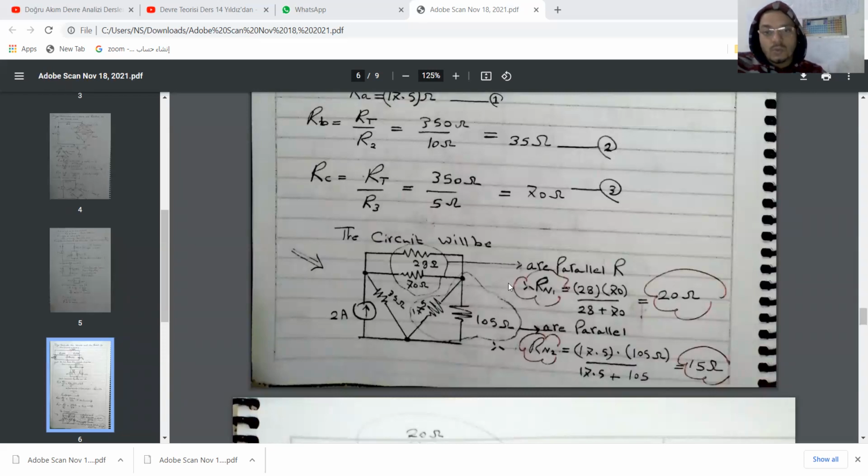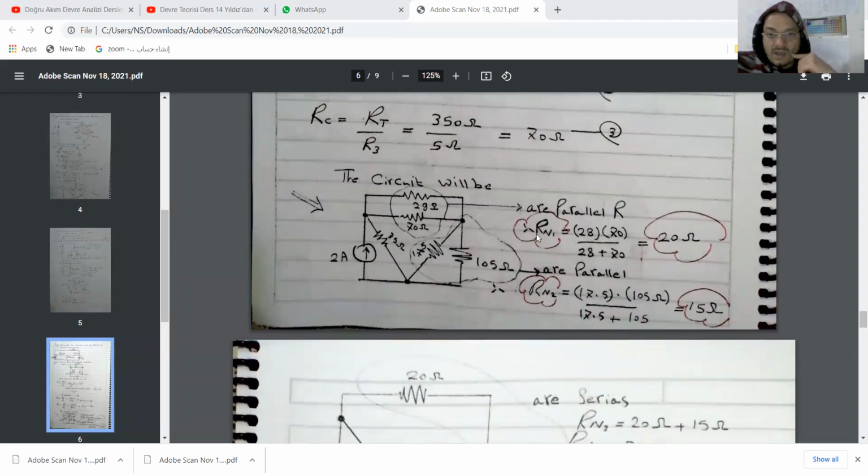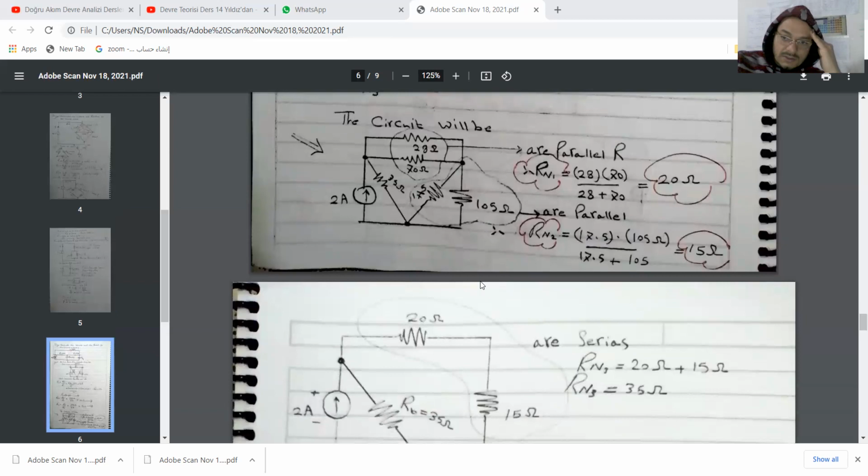After that, we can deal with the series resistance by calculating all of them. R1n equal 20 ohm plus 28 and the 70 ohm. R2n equal between 1.105 and 17.5 equal 15 ohm. That means all of them are series parallel.